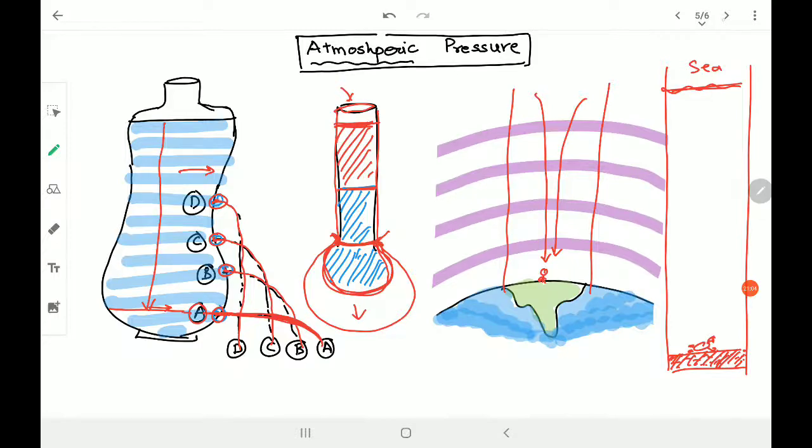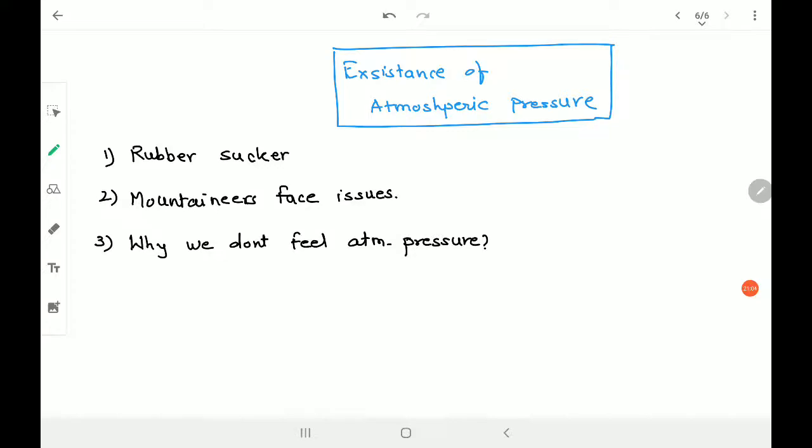Let us take an example. Let us feel that. Where is the atmospheric pressure? Let us see the existence of atmospheric pressure. A rubber sucker.